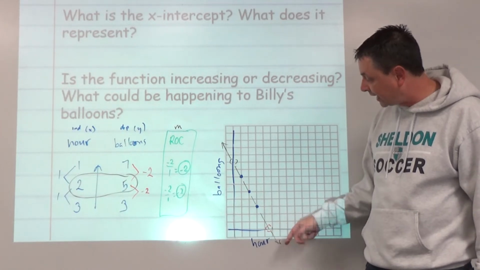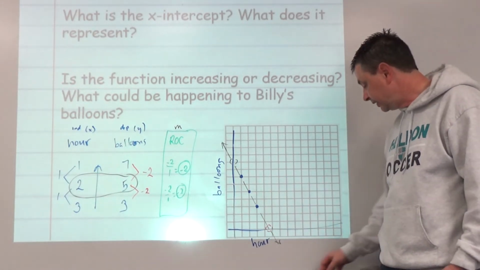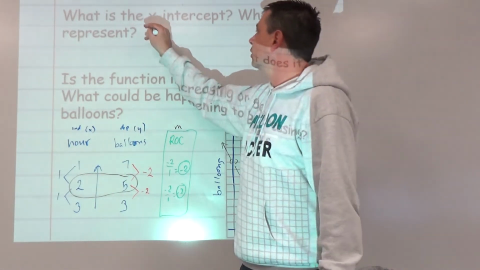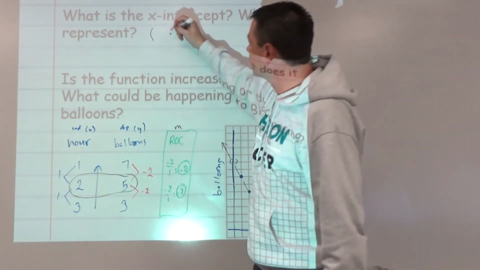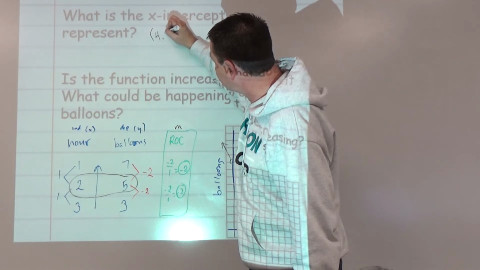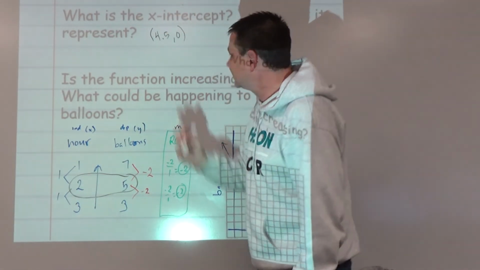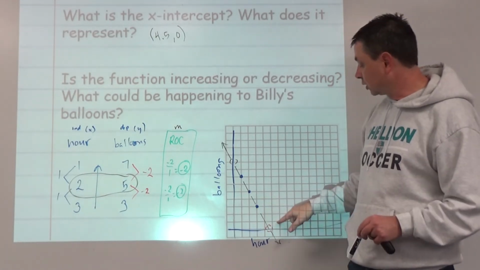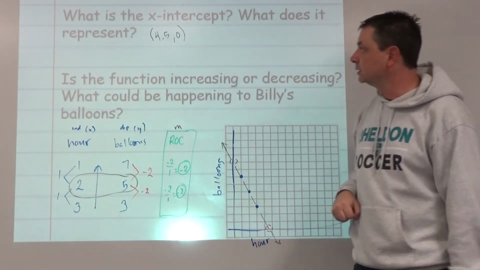Between 4 and 5. In fact, I think it is pretty much exactly at 4.5. So we don't do mixed numbers. What we could put is 4.5, comma, 0. Intercepts are points: x coordinate, y coordinate.